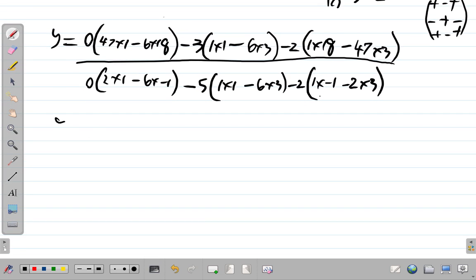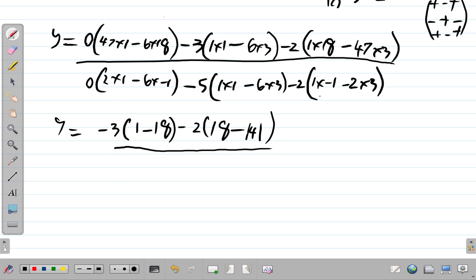so what we have here is y equals, this would be 0, all of this part would be 0. So then we have a minus 3 times 1 minus 6 times 3, which is 18, okay, minus 2 times 1 by 18 minus 47 by 3. 3 7s are 21, 1 carry 2, 3 4s are 12, 13, 14, 141 over, this is 0.